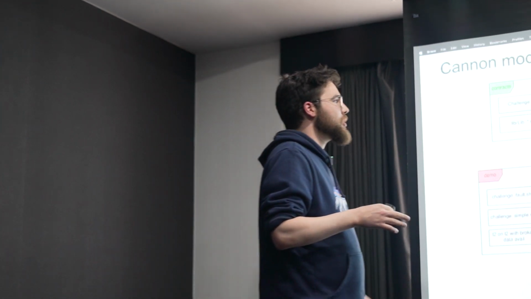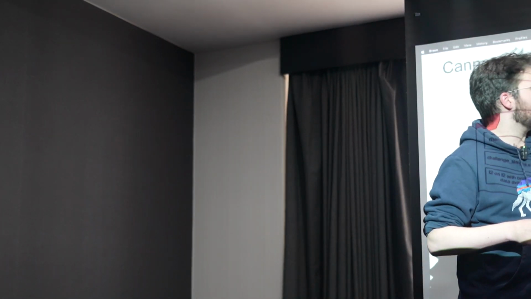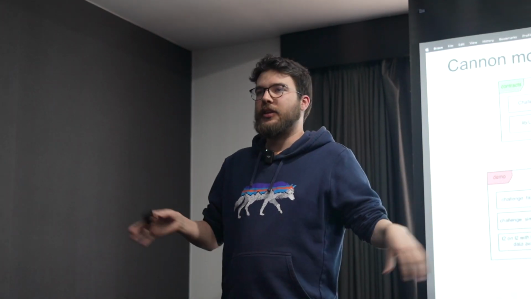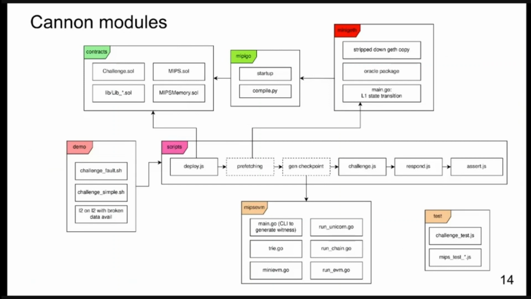And then it calls into minigaf. Minigaf runs off-chain here first, collecting the witness data, collecting the snapshot and everything. The generation of the checkpoints is done with MIPS EVM. So once we have prefetch data, we prepare the oracle, we have our binary that runs.